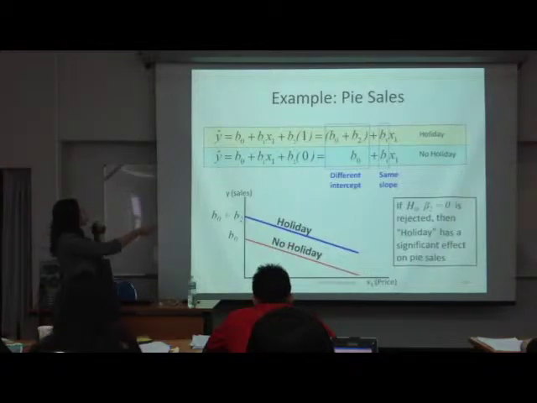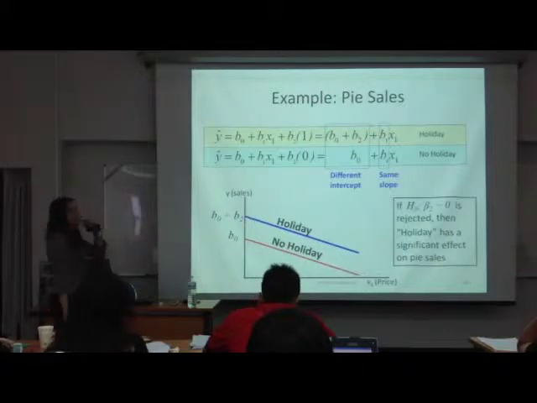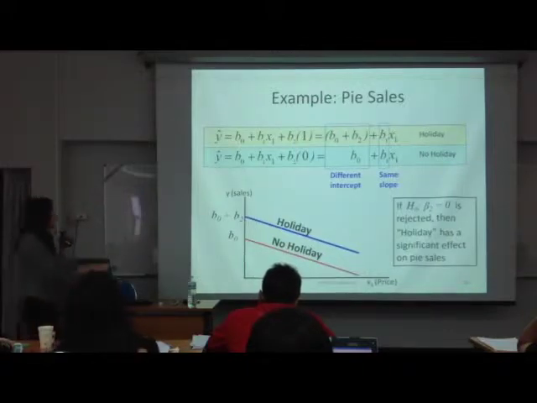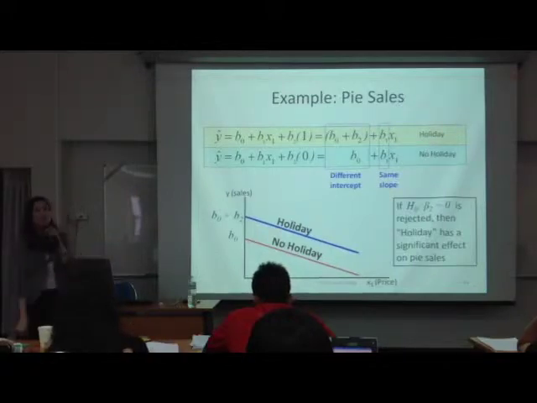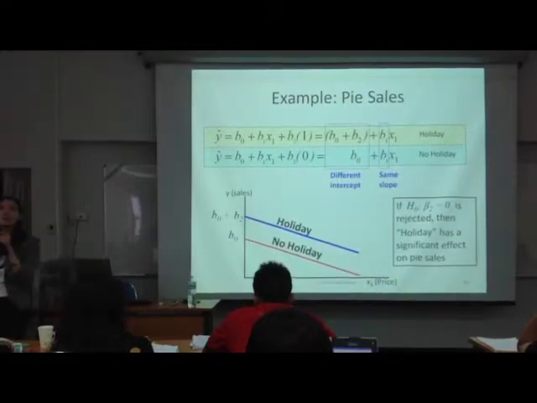And then if I move B2 to the front, this can be viewed as a new intercept term, and then the line is translated on x1. And if there is no holiday during that week, that means that x2 equals 0. And then we have a different intercept term, but the same slope.